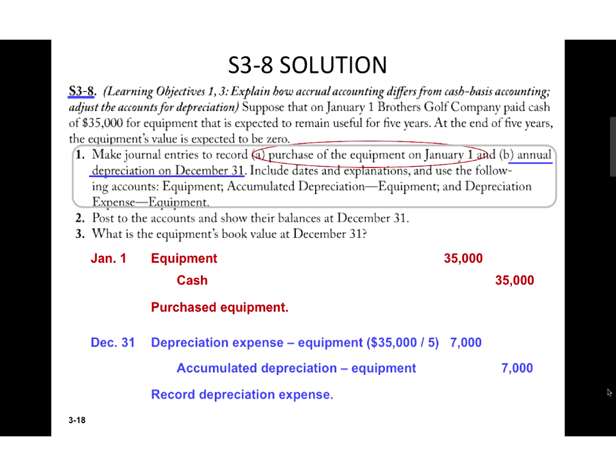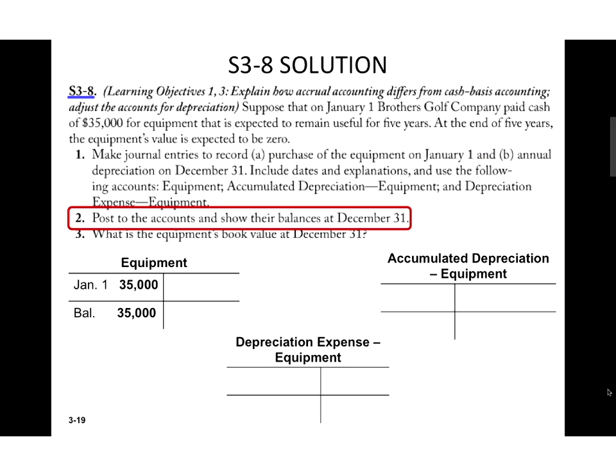We are not posting cash. The only reason we're not posting cash is because the exercise says we're using equipment, accumulated depreciation, and depreciation expense. We could easily throw in a T account for cash there too, but we're just following the requirements of the exercise itself.